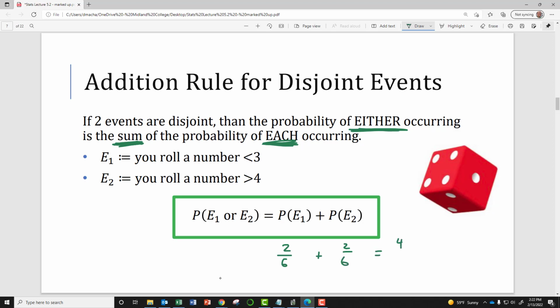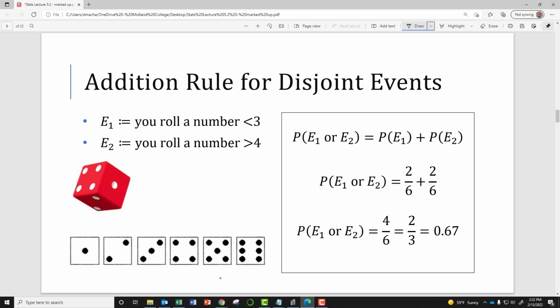So the total probability that either E1 or E2 occurs would be 4/6. You could reduce that fraction to 2/3, or write it as a decimal like that, or as a percent like this. I actually went ahead and put it on the slide already, so there we go.